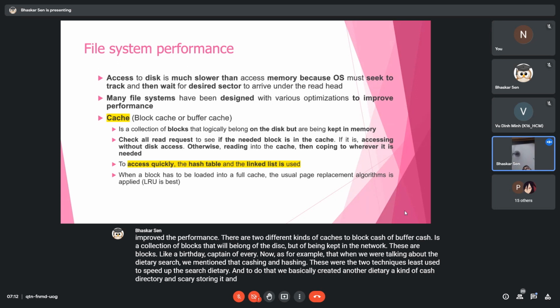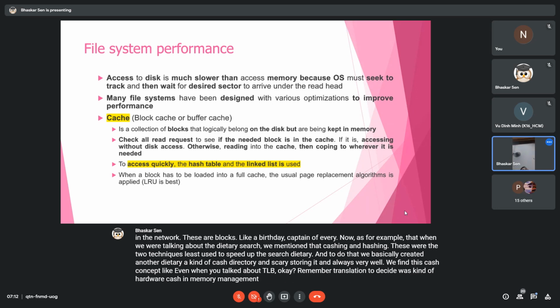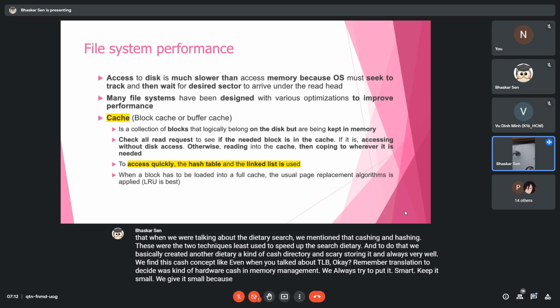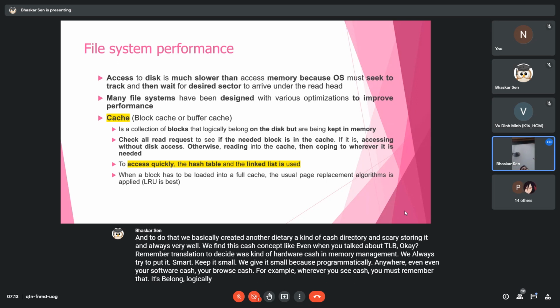And always, wherever we find this cache concept, like even when we talked about TLB, you remember translation lookaside buffer was a kind of hardware cache in memory management, the MMU, inside of it, we always try to keep it small. We keep it small because programmatically, anywhere, even your software cache, your browser cache, wherever you see cache, you must remember that it logically belongs to the disk.